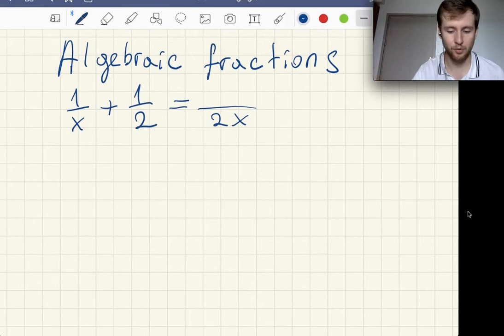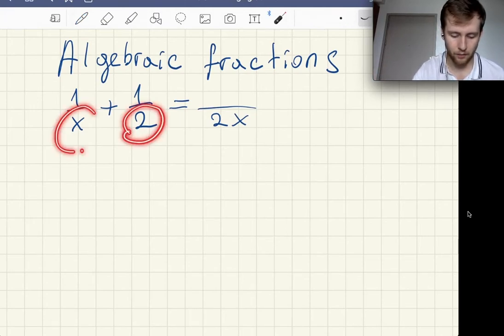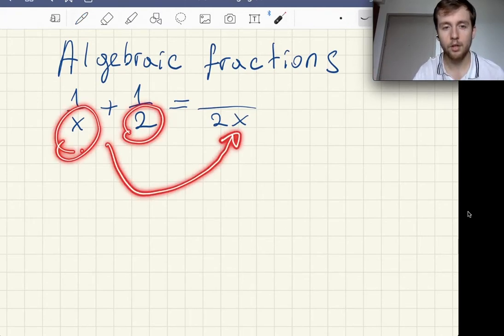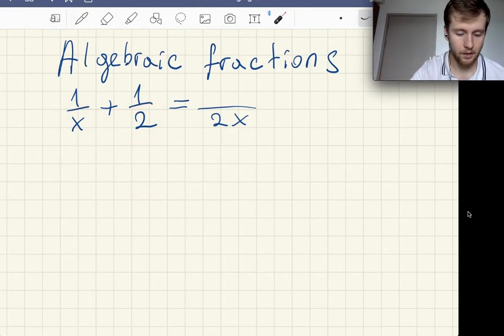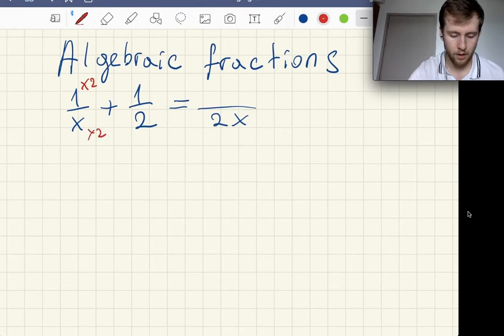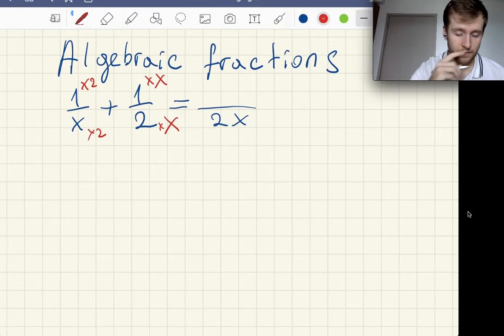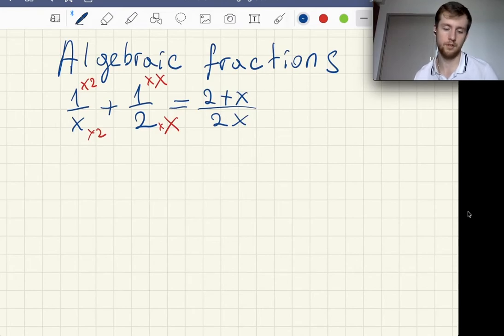We take 2 from here, we take x from here, we multiply them together, we get this 2x. Here we don't have 2, and here we don't have x, of course. What do we get? We get 2 plus x on top. Okay, this is how you do the fractions.